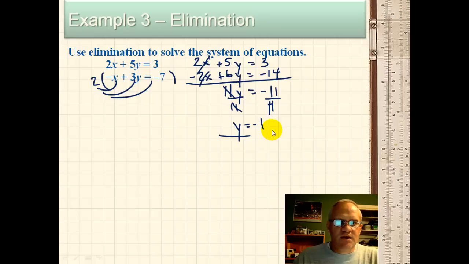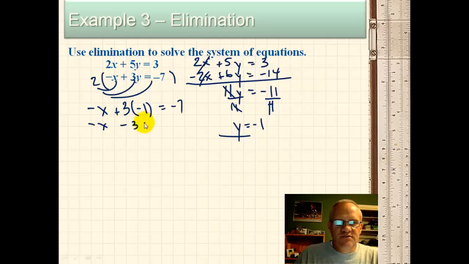Plug it back in. So let's plug this one into the, I don't know, either one. Let's do the bottom one. So I'm going to have negative x plus 3 times a negative 1 equals negative 7.